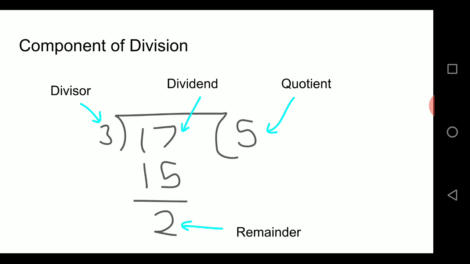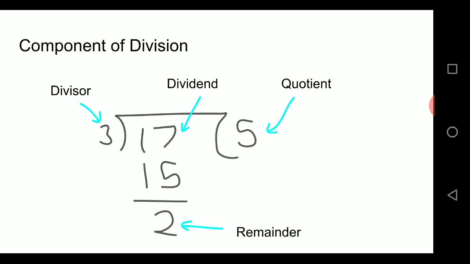Now every time you do the division, you have to do it like this, using a pen and paper on your own. In coming videos we'll see some examples of division, and we'll see how we can divide long and big numbers using this method.